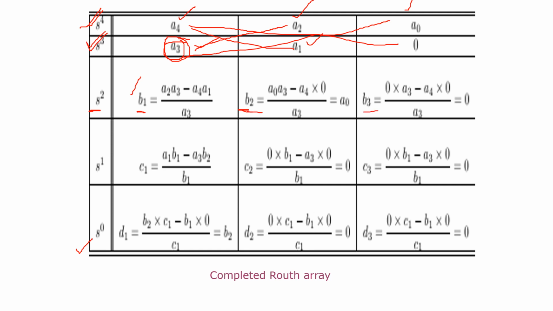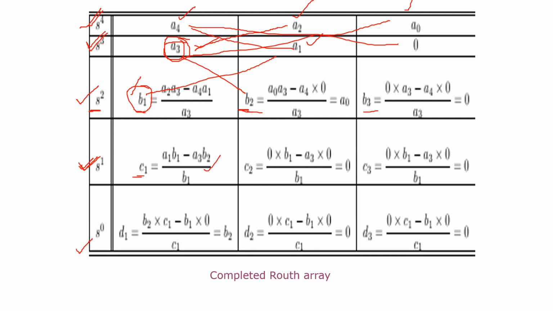After finding these row elements, we are going to consider the s power 1 row. Let C1 be the first element in the s power 1 row. That element is obtained by (B1 into A1 minus A3 into B2) by B1.